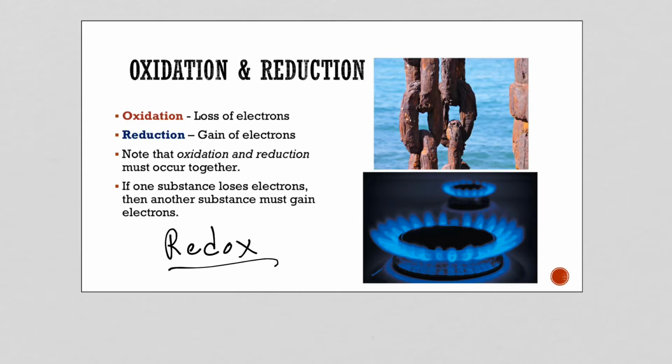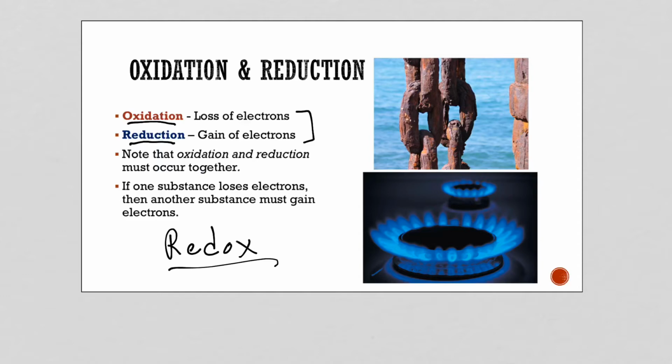That term redox comes from the two processes that are involved in an electrochemical reaction. And that is reduction, which is the gaining of electrons, and oxidation, which is the loss of electrons.